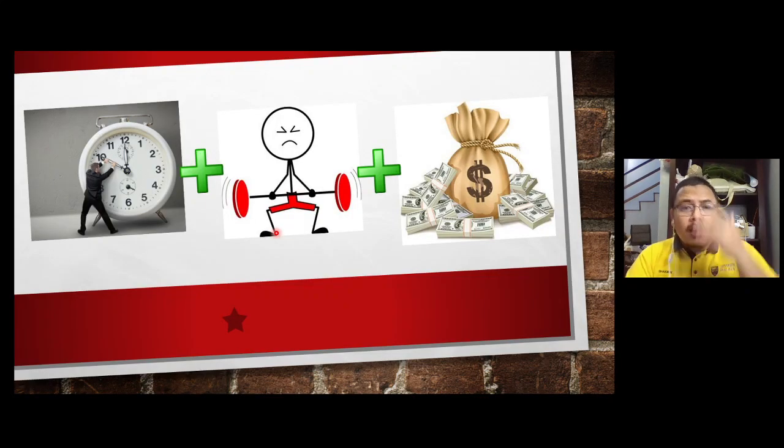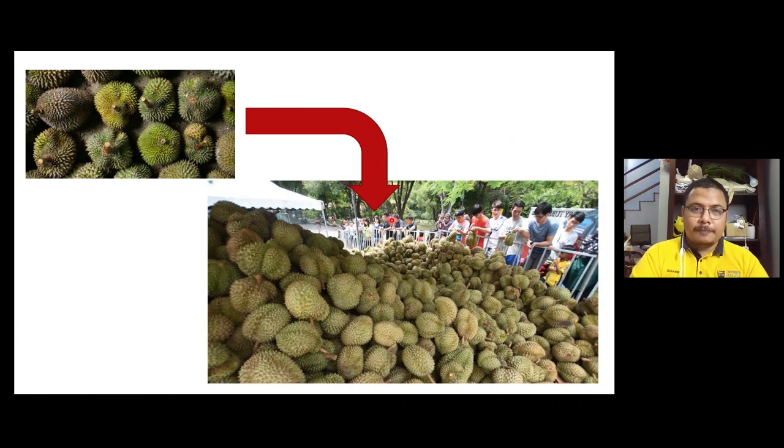However, the method chosen for taking the samples depends on the nature of the population and the resources available in terms of time, effort, and also most of the time your money. It's about the financial capability to do the survey, to do the sampling.